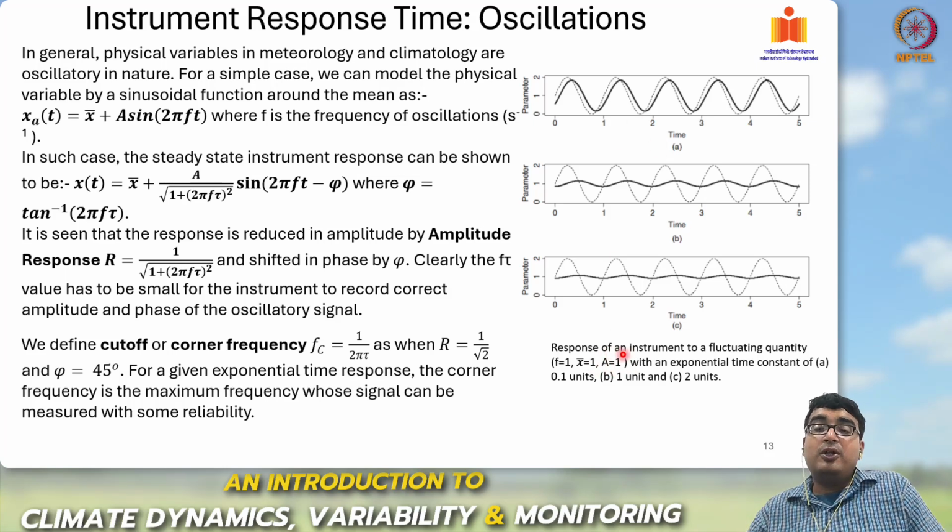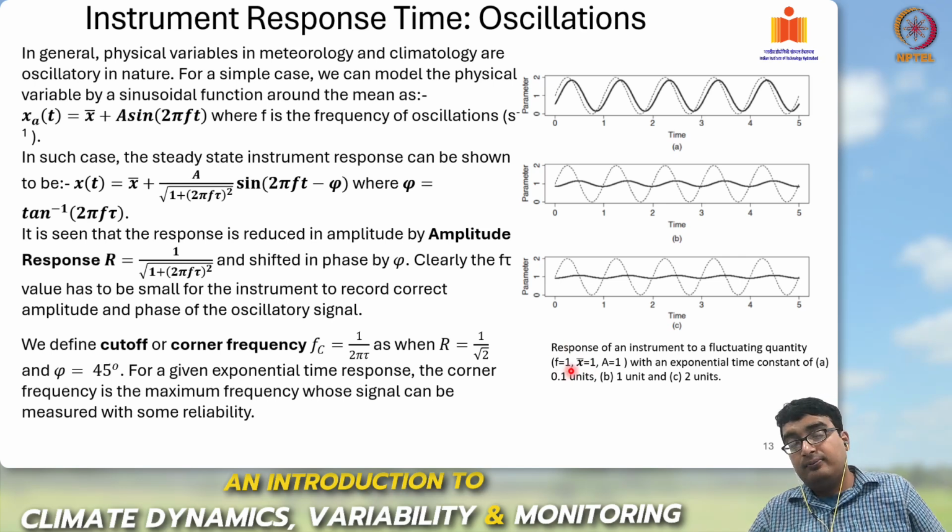So, this is the response of an instrument to a fluctuating quantity. The actual instrument frequency is 1, x bar is 1, A is 1. The exponential time constant is, in the first case, 0.1 units.